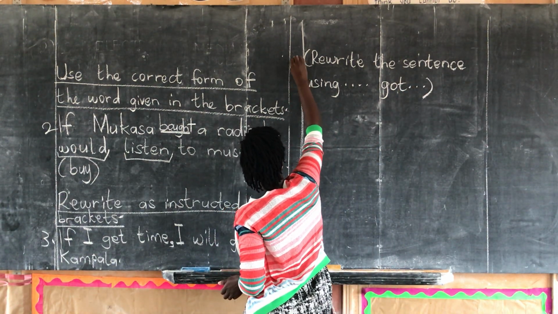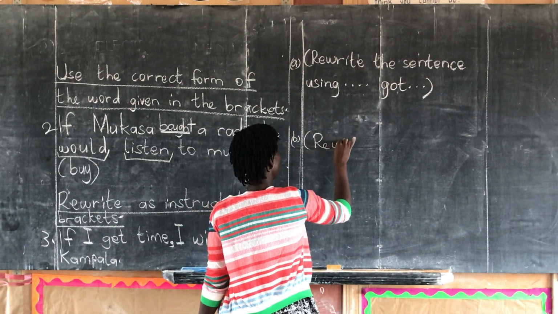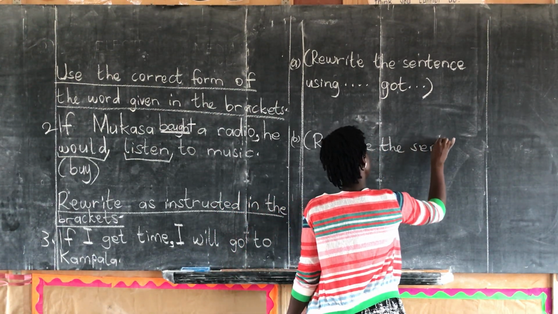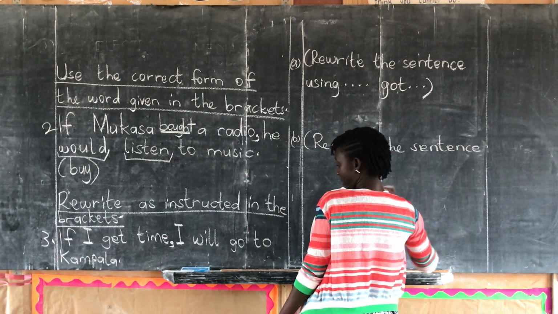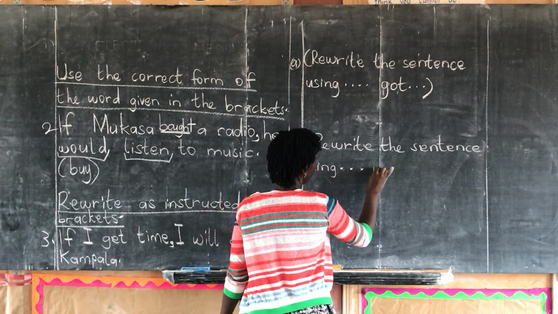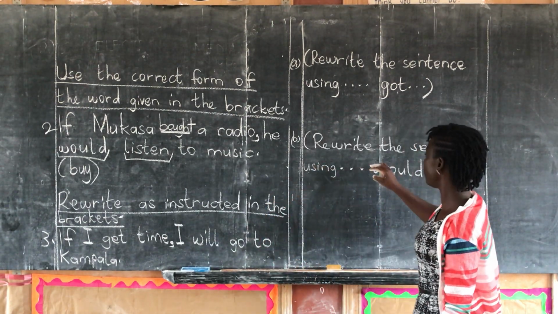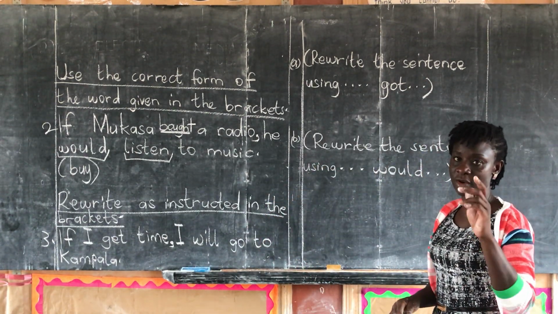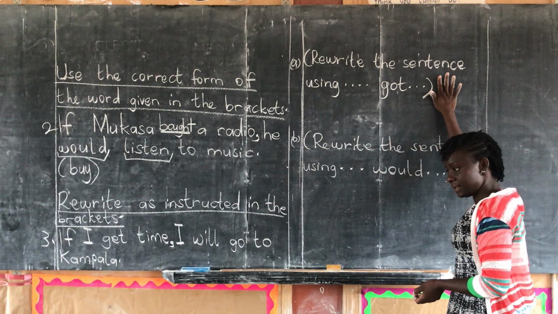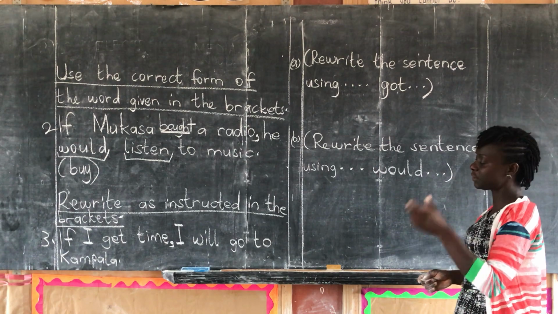Let's look at this as A. In B, an examiner may say, rewrite the sentence using would. For these two instructions, you require the same answer. The examiner could give this or this for such a question where they are testing if two.